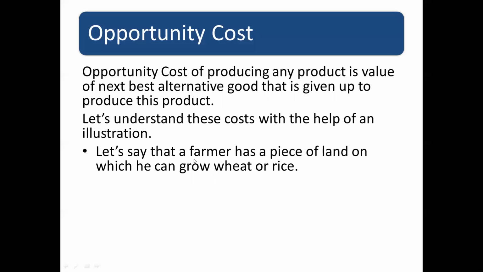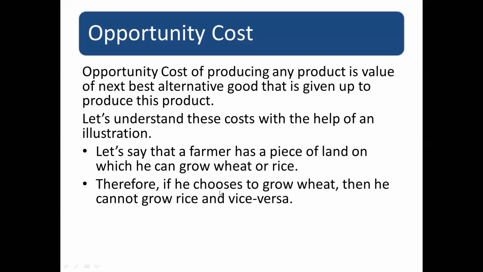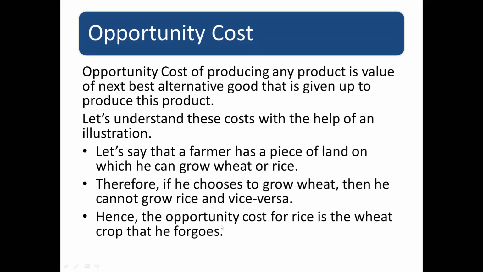Let's say that a farmer has a piece of land on which he can grow wheat or rice. That could be a season where he has an option. If he chooses to grow wheat, then he cannot grow rice and vice versa. Hence, the opportunity cost for rice is the wheat crop that he forgoes.